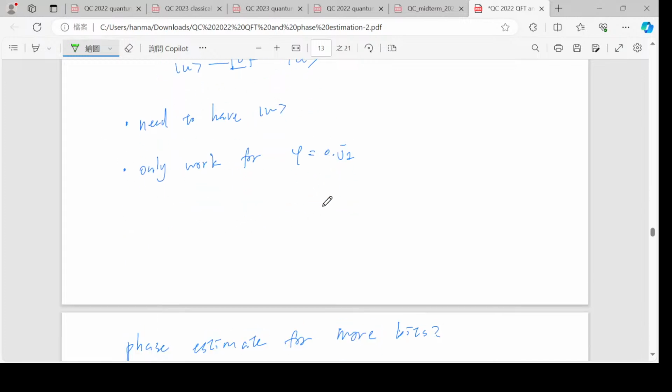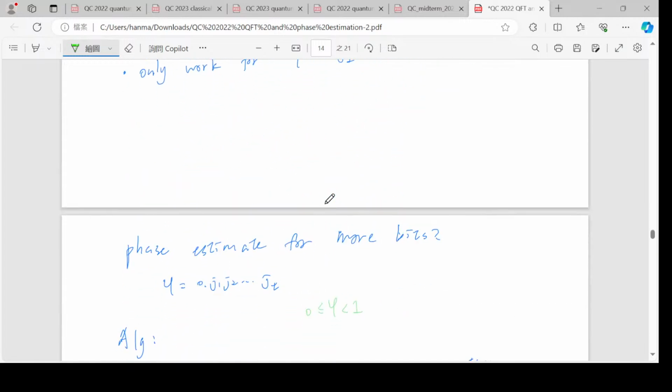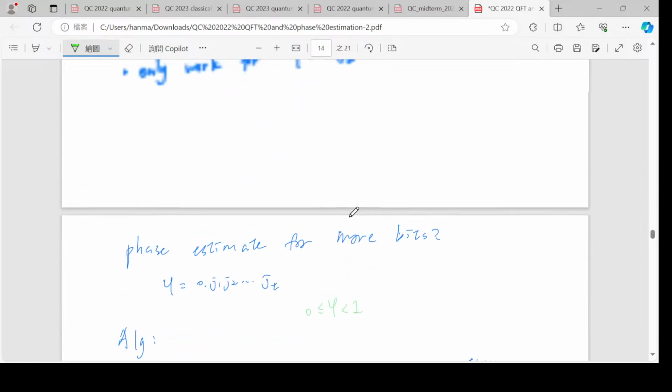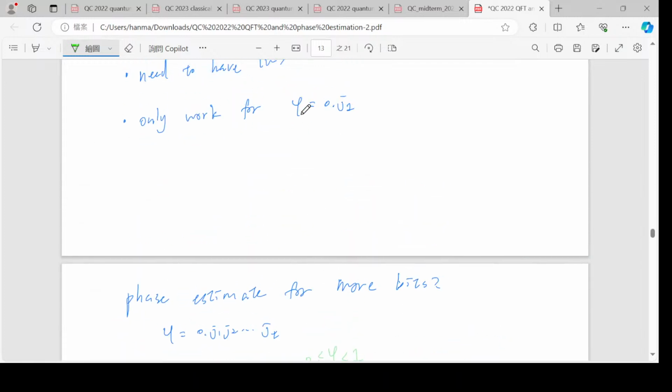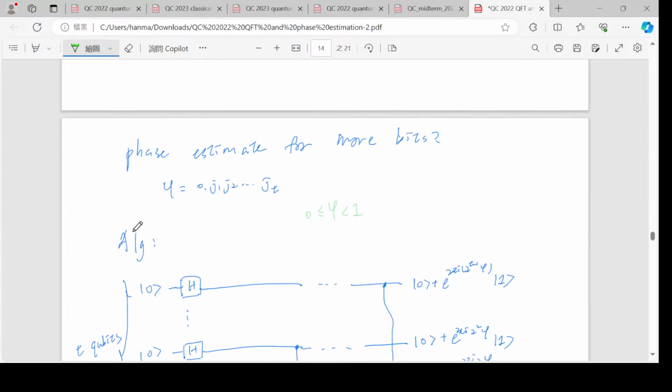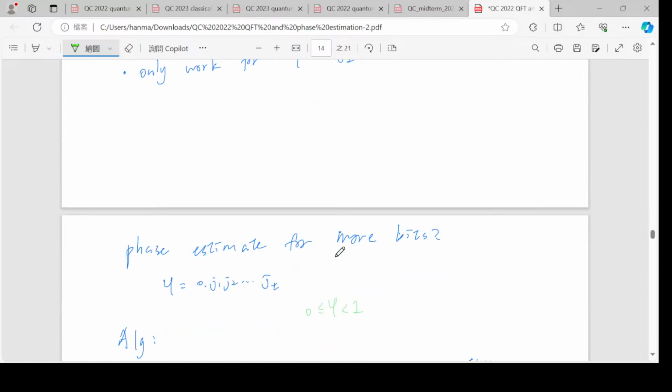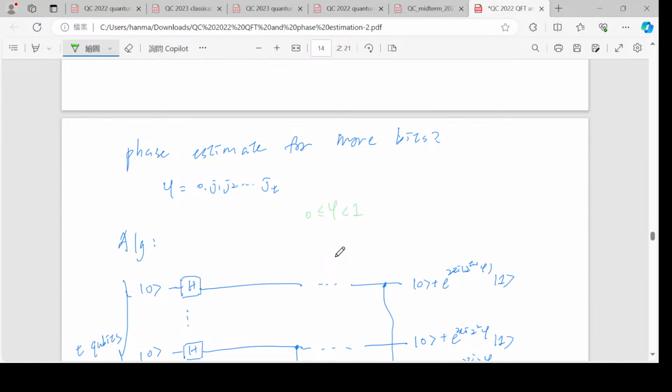The first problem to solve is: what if we have more bits? If phi is not 0.j1, we want phi to be arbitrary. But let's still have a restriction on phi.